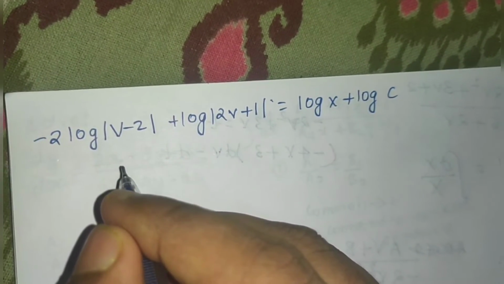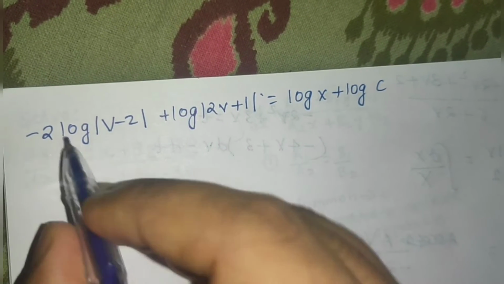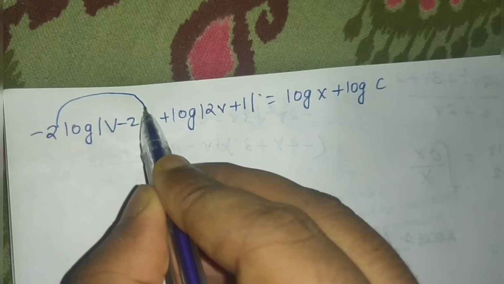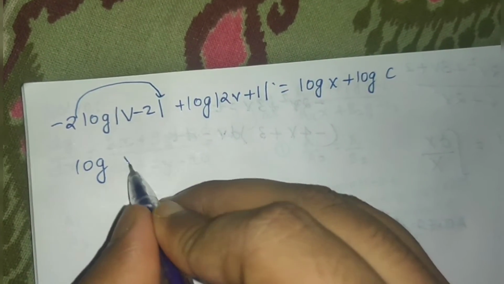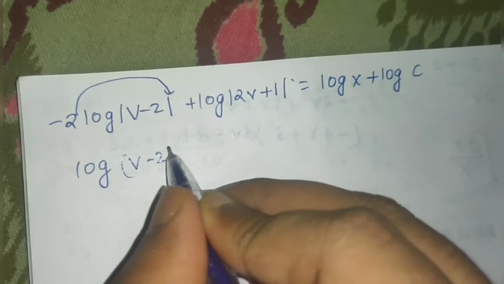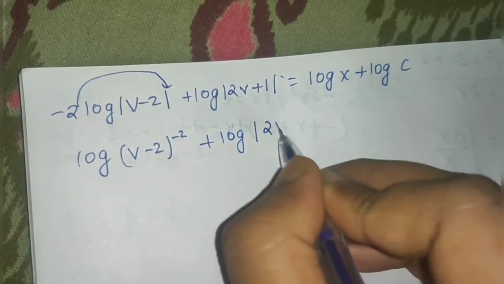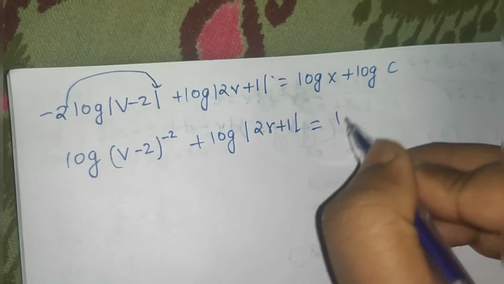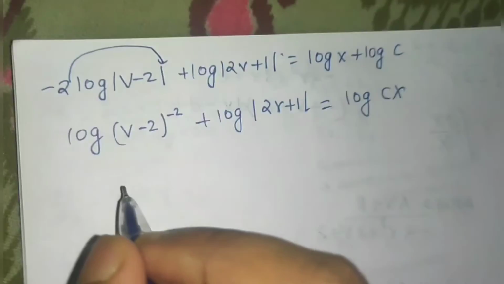So I want to remove log from both sides. For that, what I have to do, I have to jump this. So this becomes log (v minus 2) power minus 2, (2v plus 1) equals log cx, since log a plus log b is again log ab.